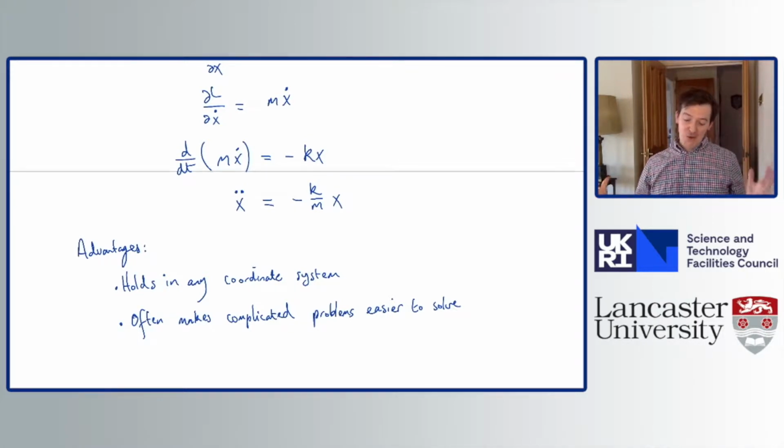But in this Lagrangian formalism, it's relatively straightforward. You just have to work out the kinetic energy in terms of the coordinates that you introduce. And then, like magic, you put it through the Euler-Lagrange equations and out pop the equations of motion.